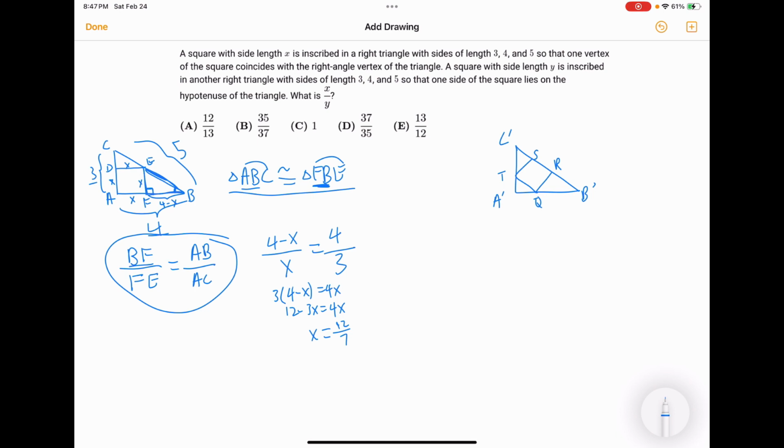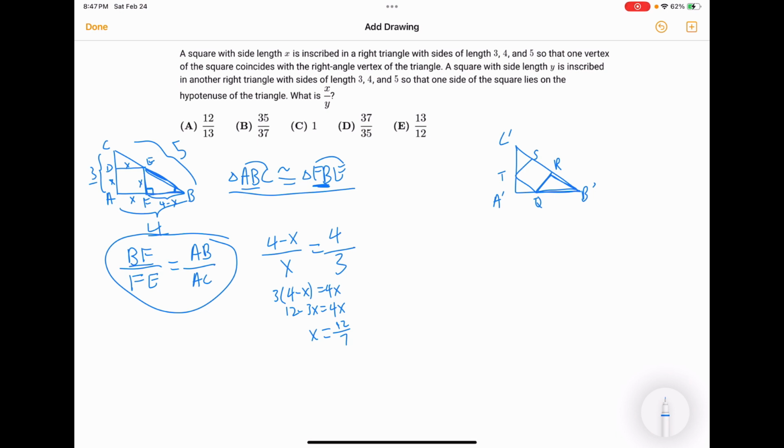Looking at this triangle, we see that triangle A prime, B prime, C prime, the big overall triangle, and triangle R, B prime, Q are similar. R, B prime, Q is this triangle.